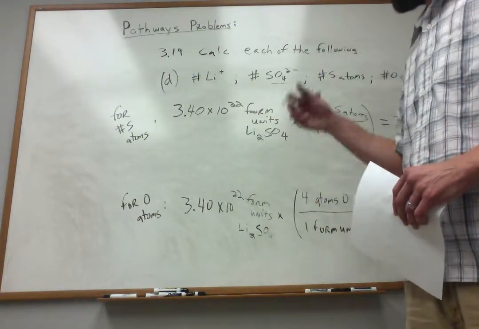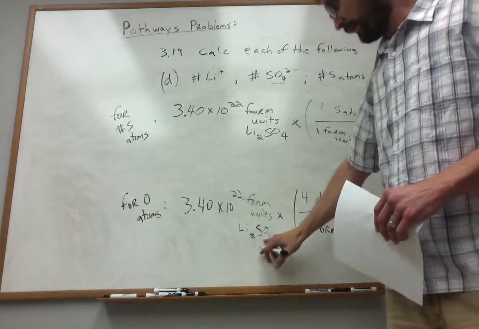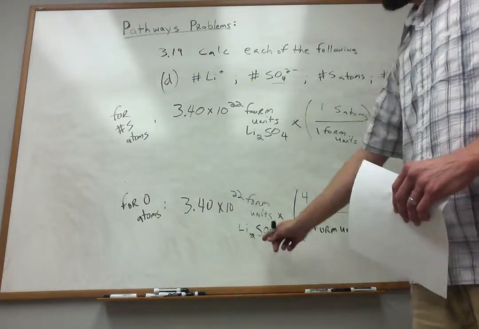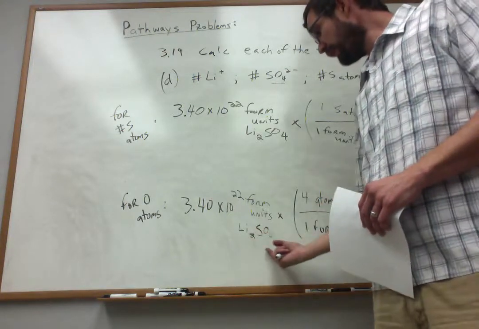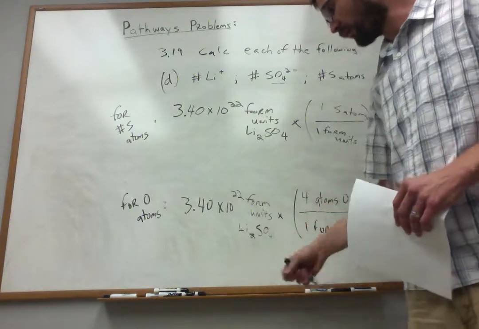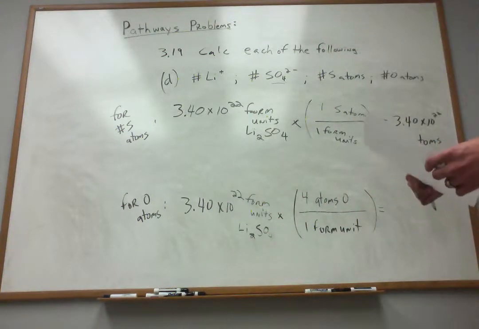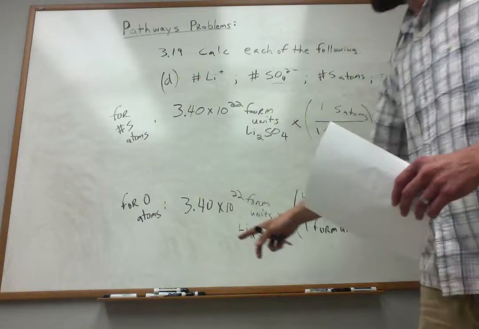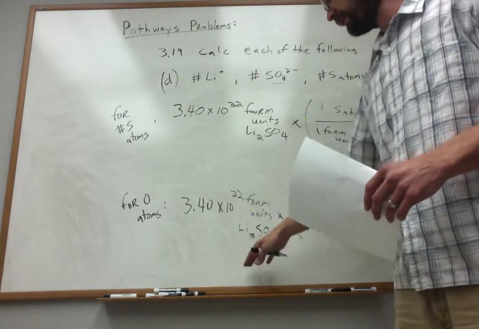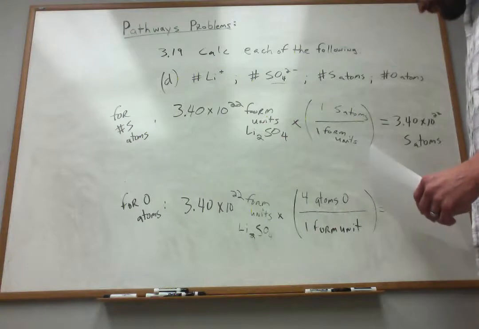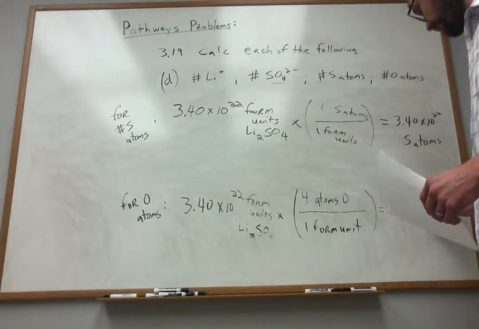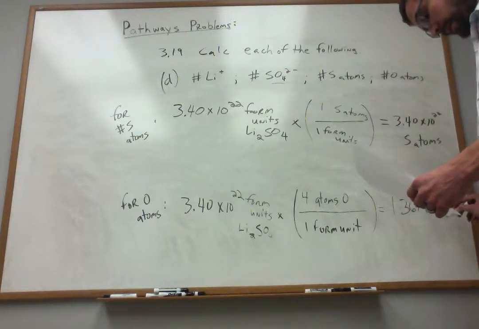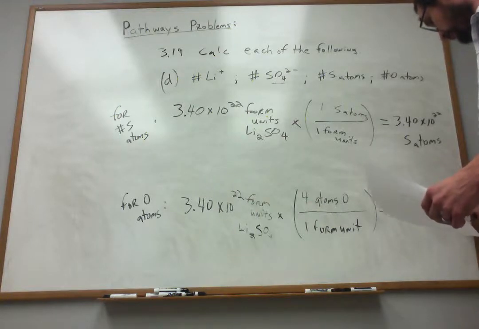Because you see this subscript 4 that comes with sulfate. So that tells us that the sulfate polyatomic ion is made up of 1 sulfur atom and 4 oxygens. It's a 1 to 4 ratio. So for every 1 of this compound, I've got 4 oxygens, 4 to 1 ratio. So what I need to do is multiply that number times 4. Because if I've got 3.4 times 10 to the 22nd of those groupings, I've got 4 times as much oxygen. Right? Everybody see that? So I've got 1.36 times 10 to the 23rd oxygen atoms.